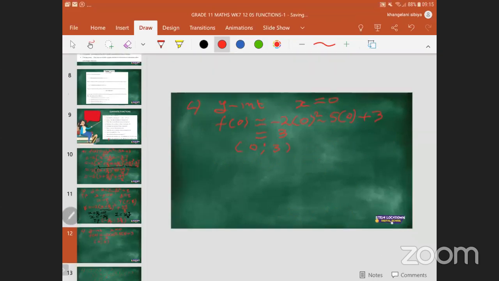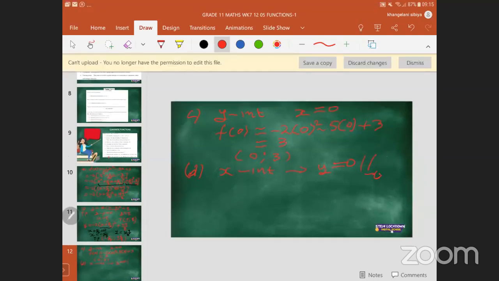Right. Then let's go to D. Obviously, D is looking for the X-intercept. For the X-intercept, you let Y be 0, which means where there is Y, you put 0. This is f of x, because we said yesterday our f of x is the same as y.